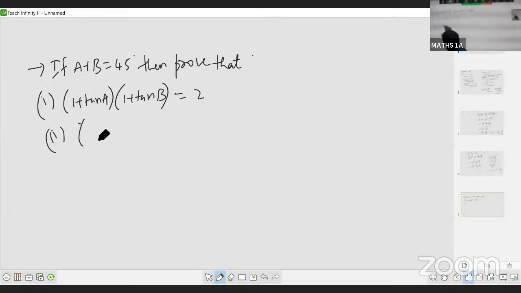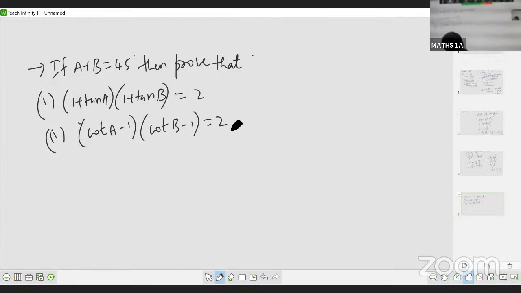Second bit, cot a minus 1 into cot b minus 1 equal to 2. Yeah, very important sum this is also, right? Now in your previous final exam in 4 mark, the last two sums were asked so many times in 4 mark questions.